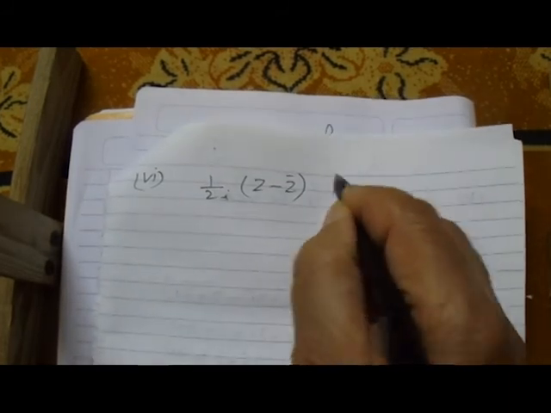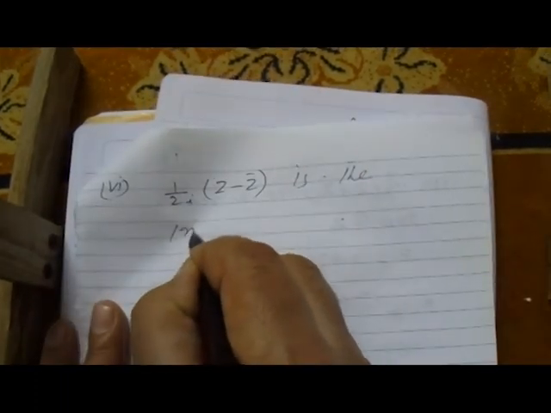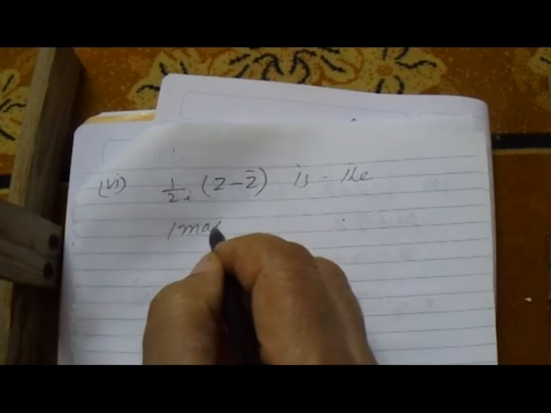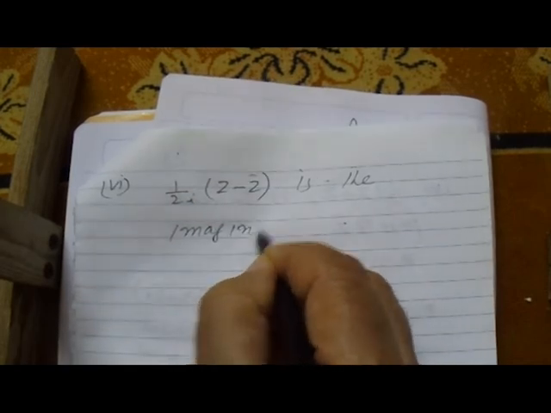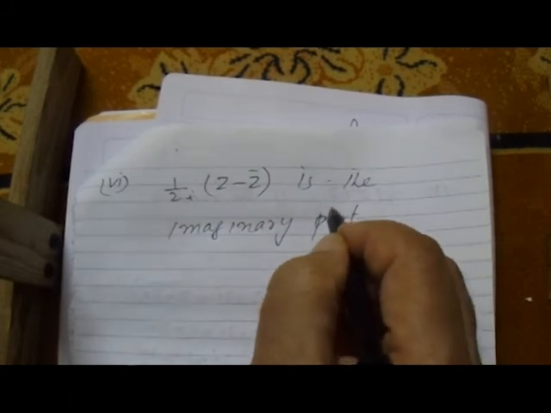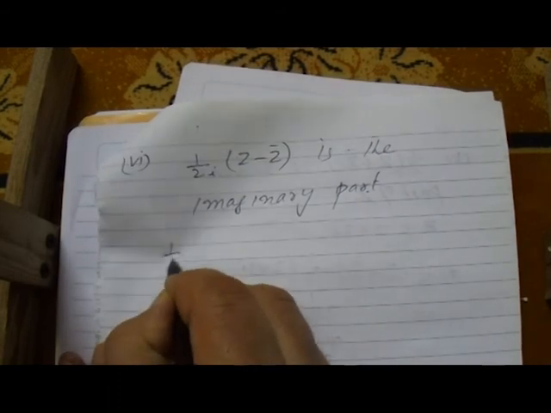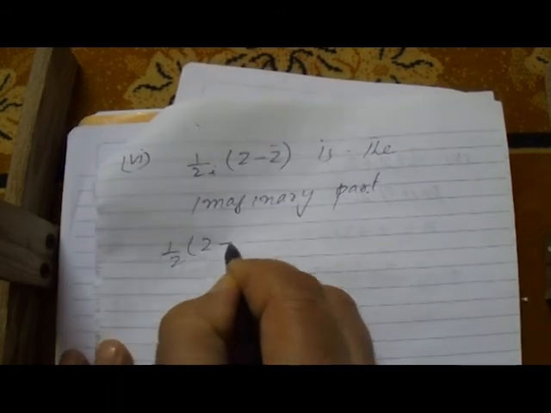Imaginary part. Now we find this 1 over 2 iota into z minus z bar.